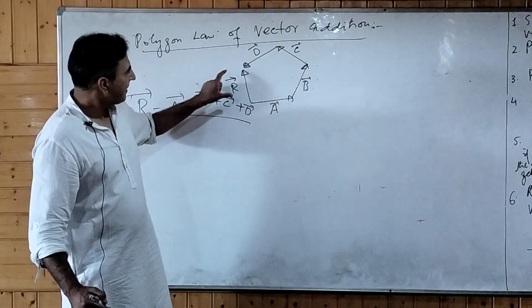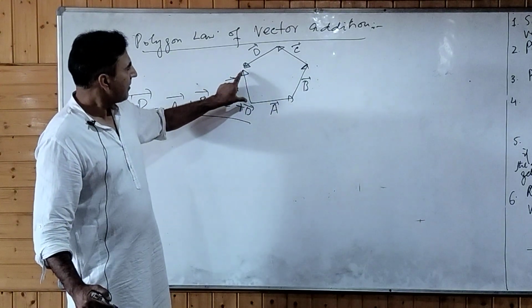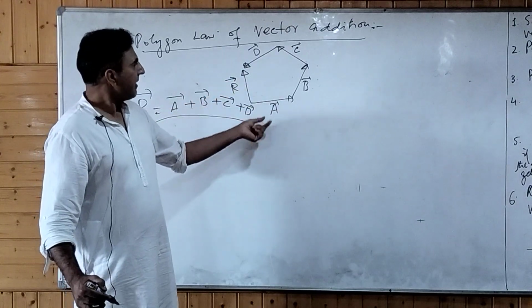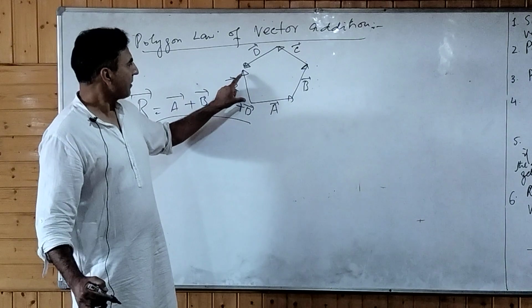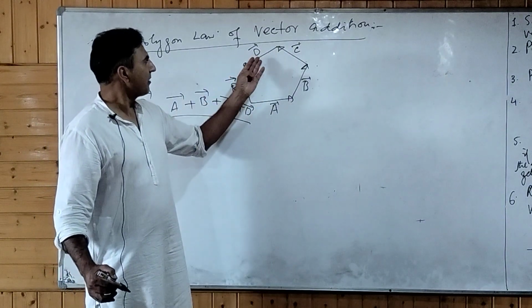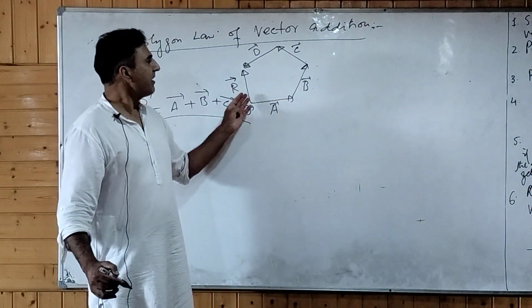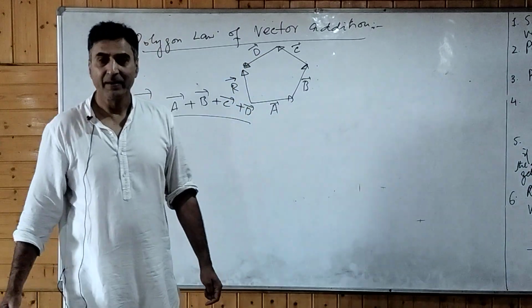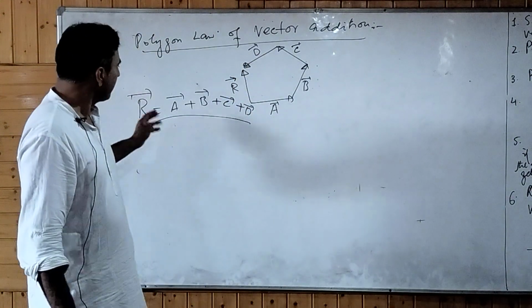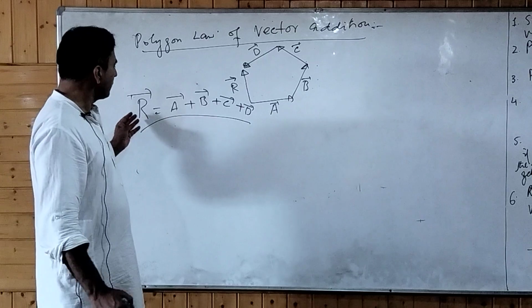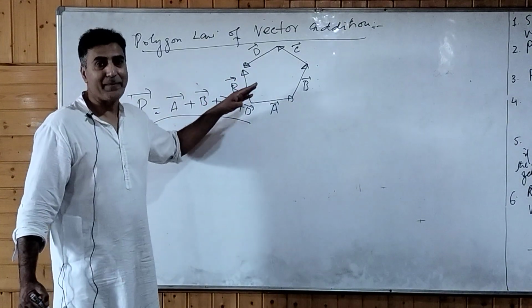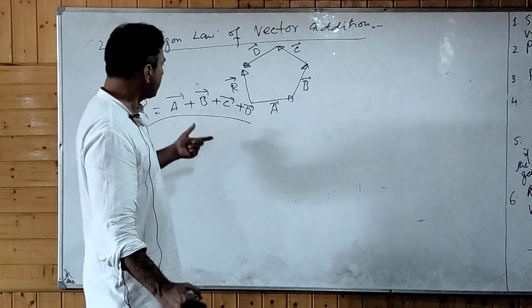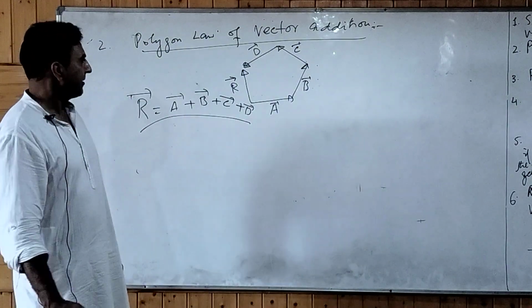From here you see that the length of R is lesser than either of the magnitudes of the vectors. So magnitude of R can be lesser than D, C, A, or B, or it can be even greater. So there's no such rule, you can't have a relation between the magnitudes unless you find them actually. So this is what you call as polygon law of vector addition.